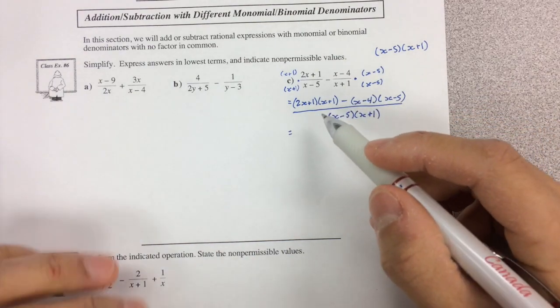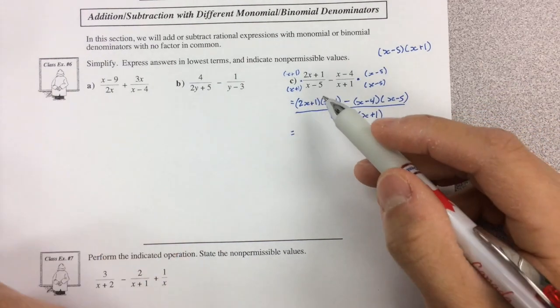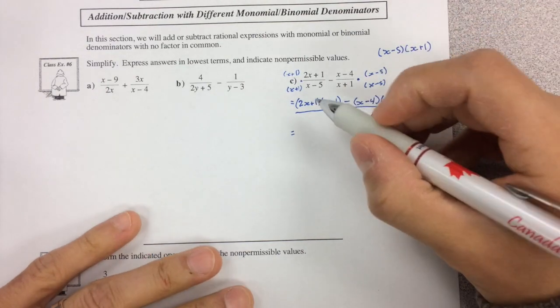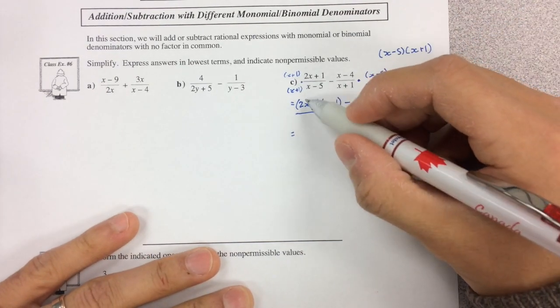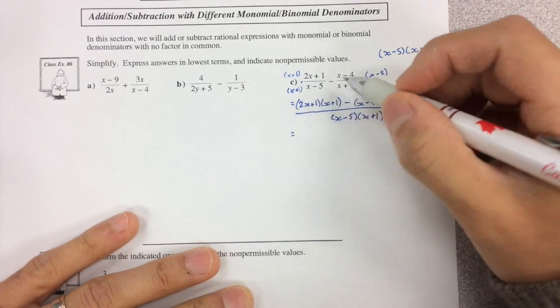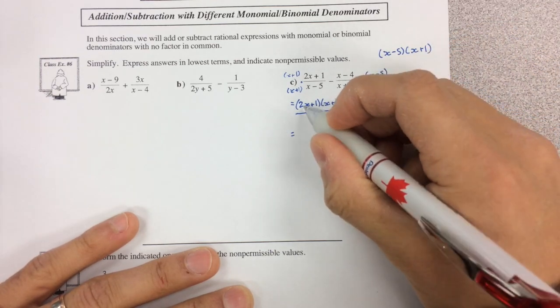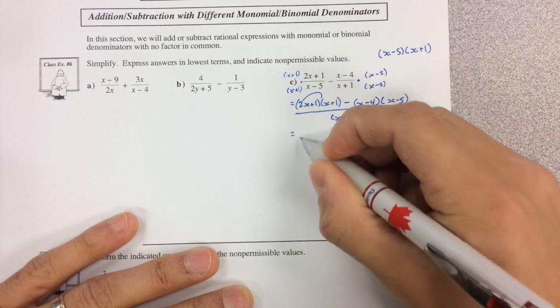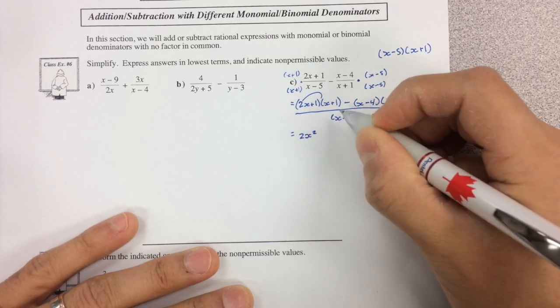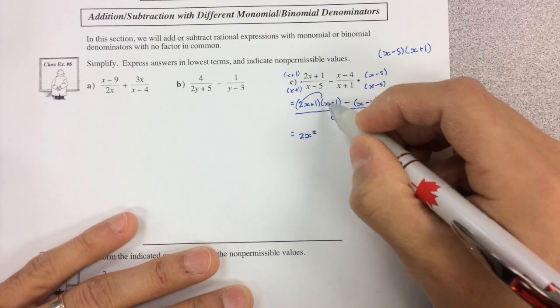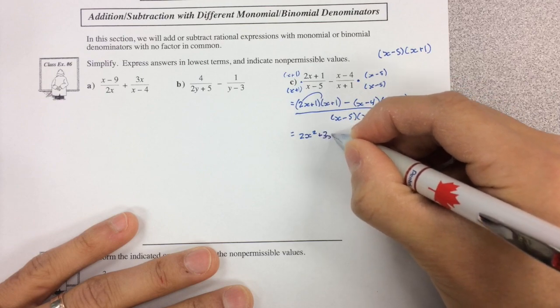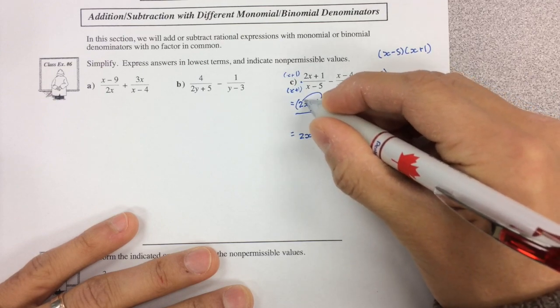All right, just like we were doing before, once we multiply by our lowest common denominator, then we need to distribute into my brackets. So I'm going to have to FOIL both of these. If I FOIL this, it's going to leave me with 2x squared plus 2x plus another x is going to give me plus 3x plus 1.